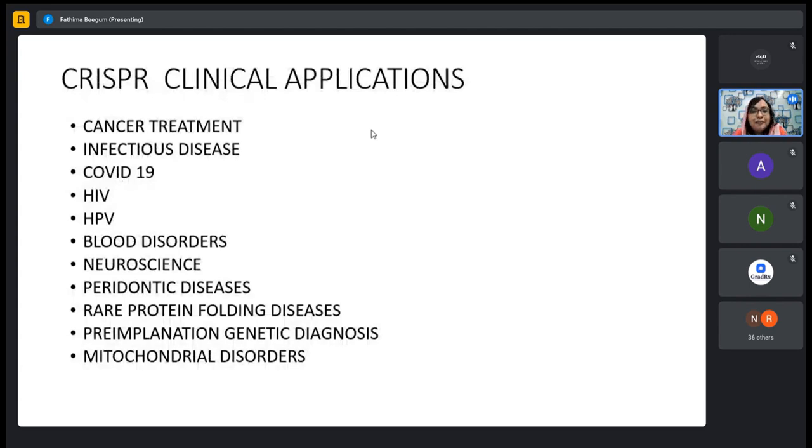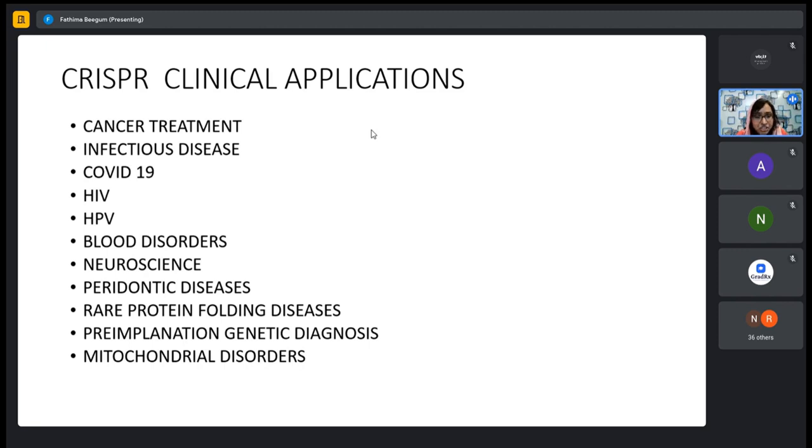So coming to our main topic, the future of CRISPR is its clinical application itself. It has been studied for cancer treatment, then infectious diseases, especially COVID-19, then HIV, HPV, blood disorders, neuroscience, periodontal disease, then rare protein folding diseases such as amyloidosis, that is amyloid cardiomyopathy, and all that we can study.